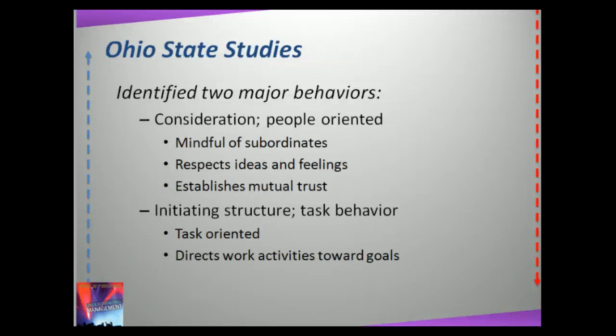We're going to start by discussing the Ohio State studies. Researchers at Ohio State University in the 1940s and 50s identified two basic kinds of leader behaviors that many leaders engaged in to influence their subordinates. Those two behaviors were consideration and initiating structure.